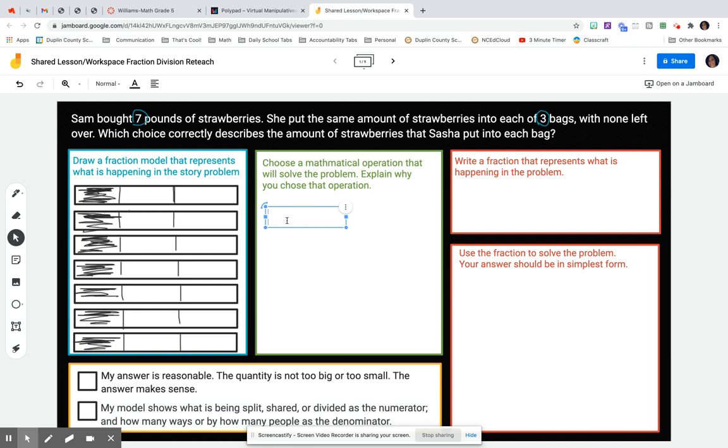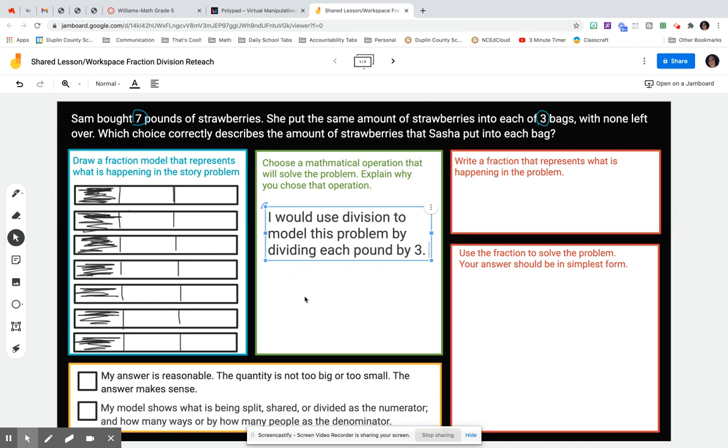Reason 1, I would use division to model this problem by splitting or dividing. I like that word because it tells me exactly what operation. By dividing each pound by 3, because there's 3 bags.